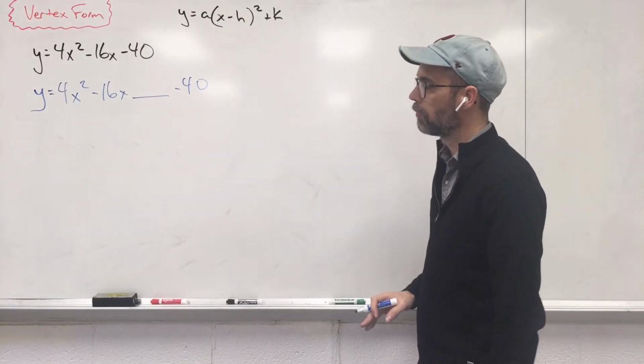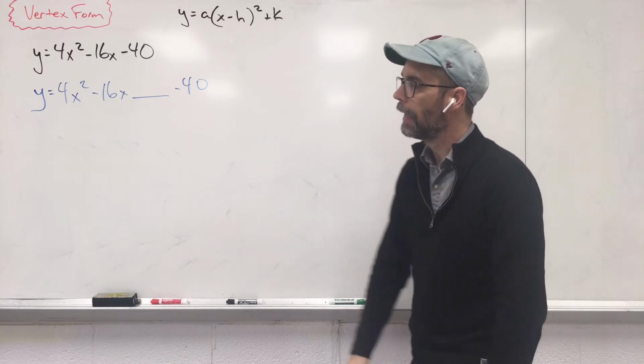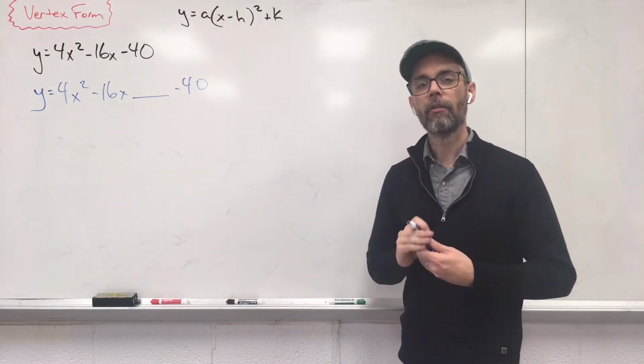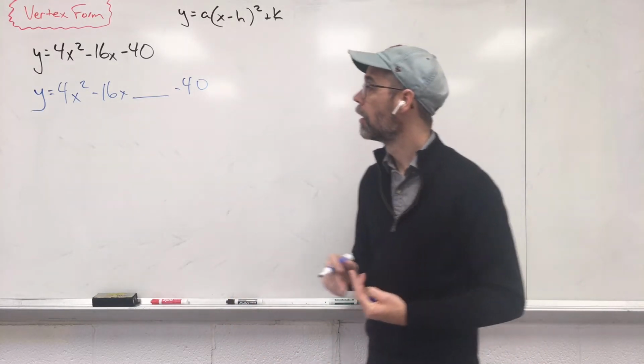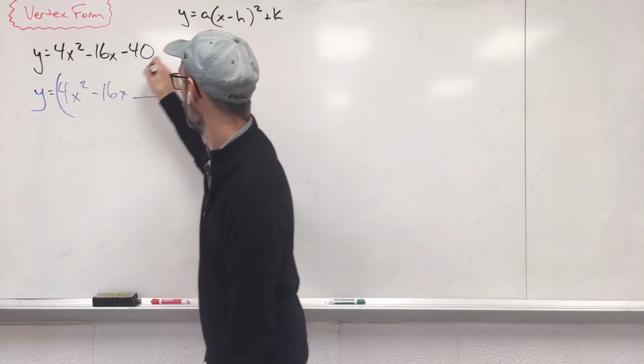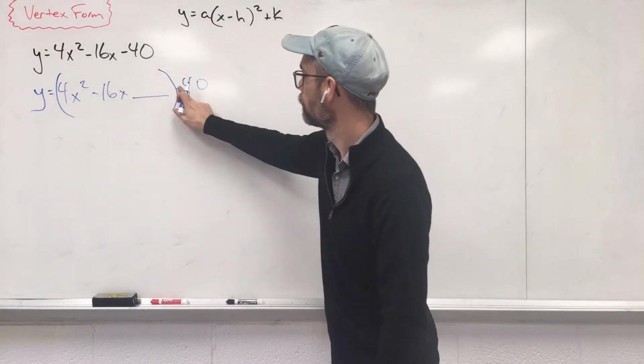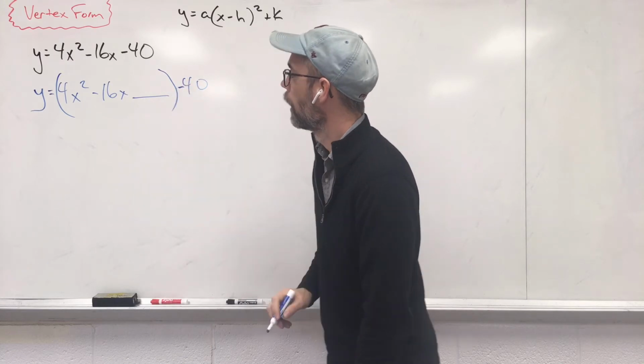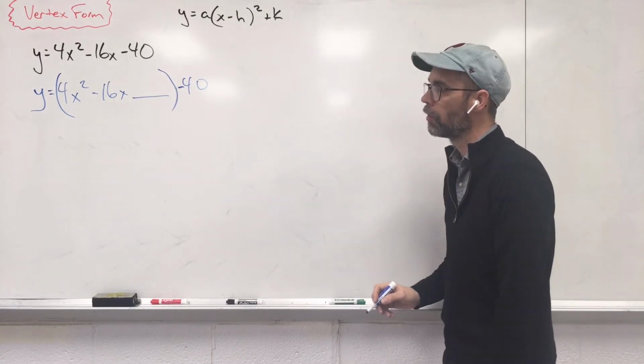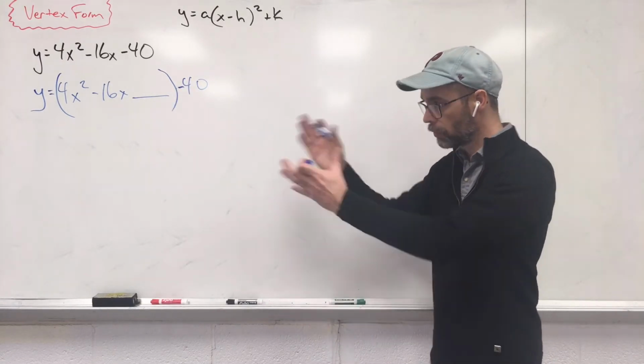I need to fill in this blank, but before I do that, I want to factor out a number that's being shared between just this group.